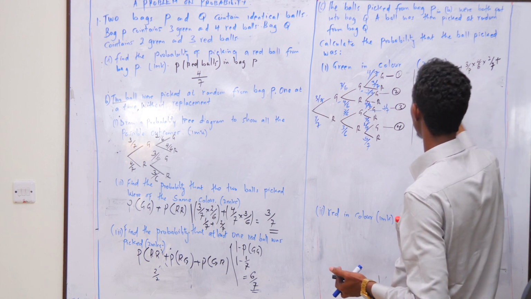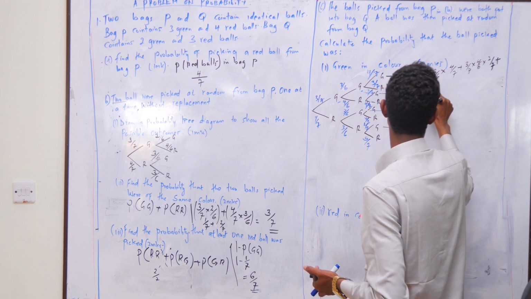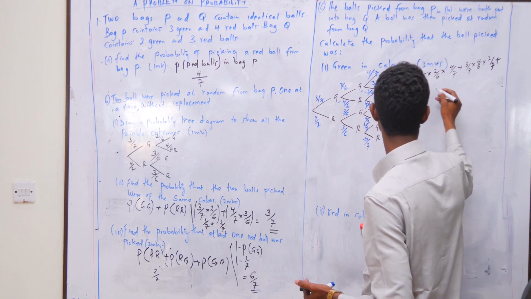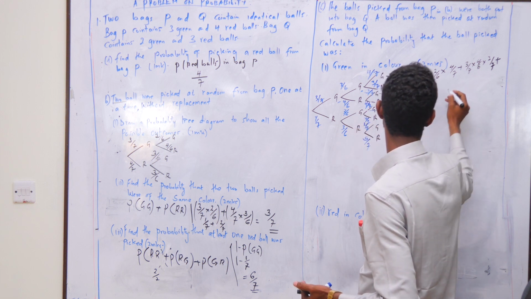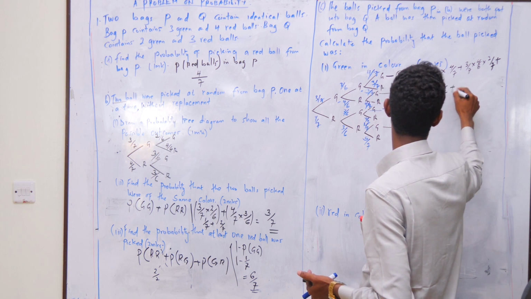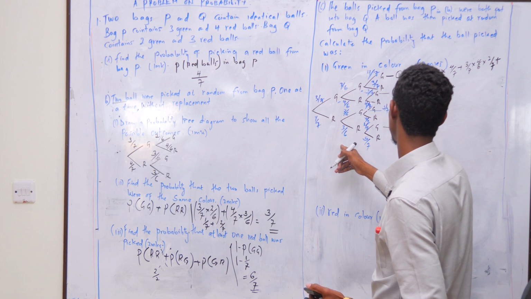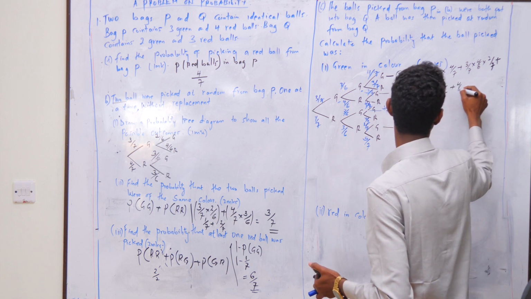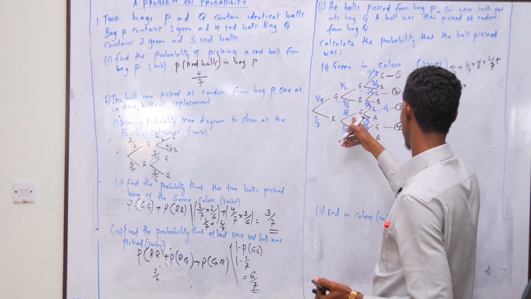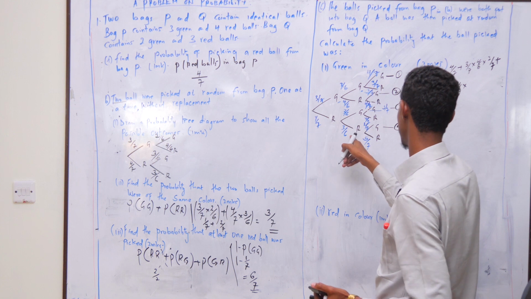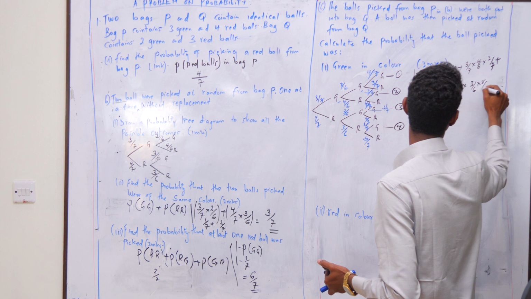Now plus, again you have red, green, green: 4/7 times 3/6 times again 3/7. Lastly, it will be 4/7 times 0/6 times 2/7. 4/7 times 4/7 times 3/6. Very good. 4/7, 3/6, 2/7. 3/6 times 2 out of 7.